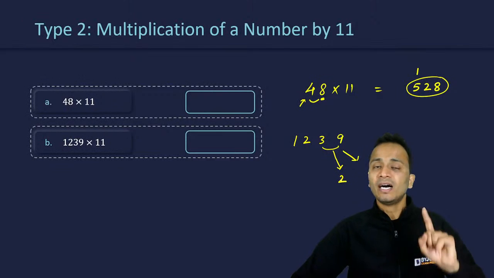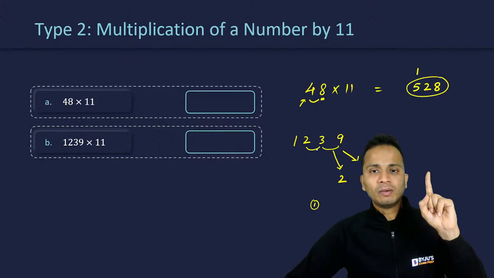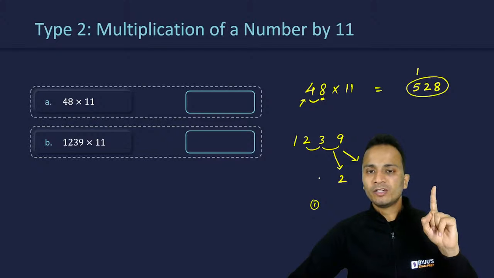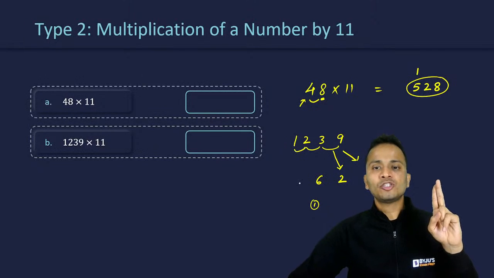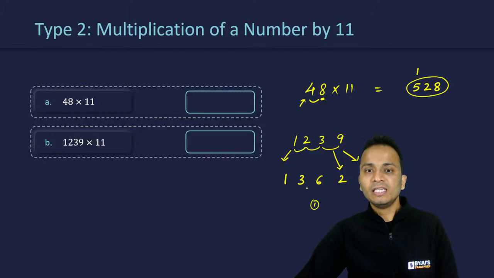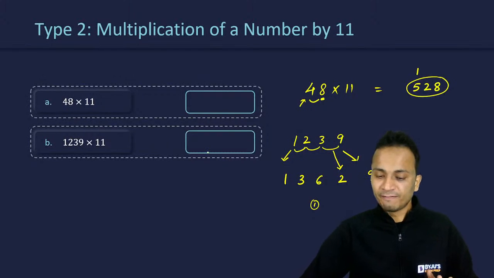Write 2, 1 carry forward. Then add these two numbers. So 2 plus 3 is 5 and the carry forward 1 will make it 6. Then 1 plus 2 is 3, and then finally the leftmost digit as it is. So 1, 3, 6, 2, 9. 13629 will be the final answer.